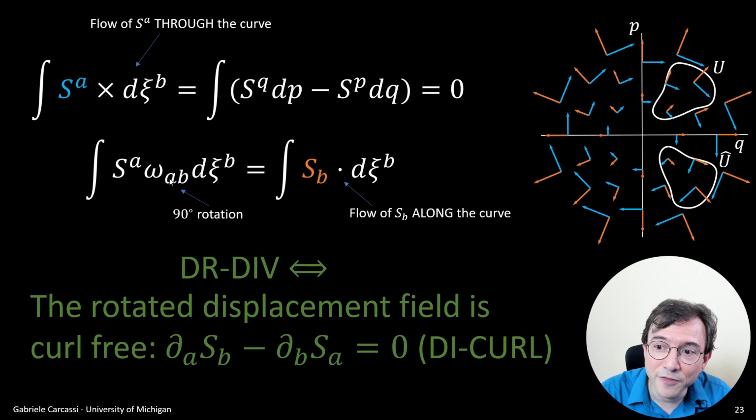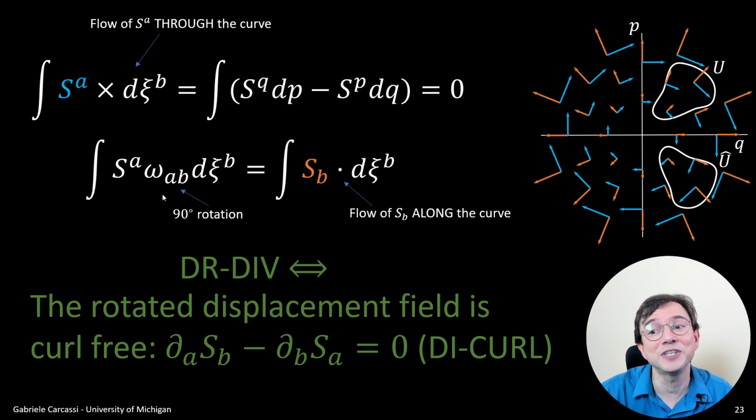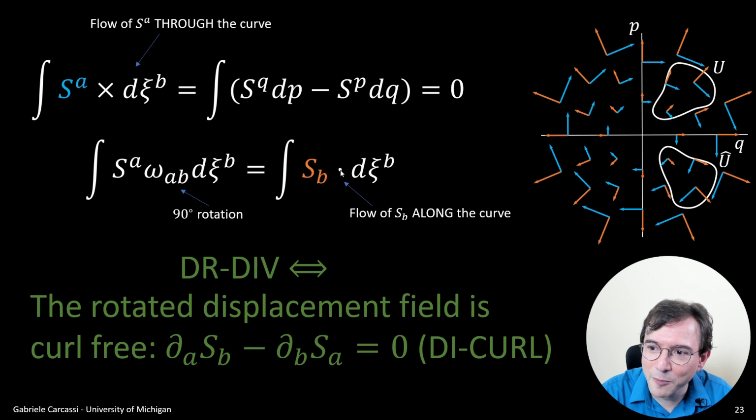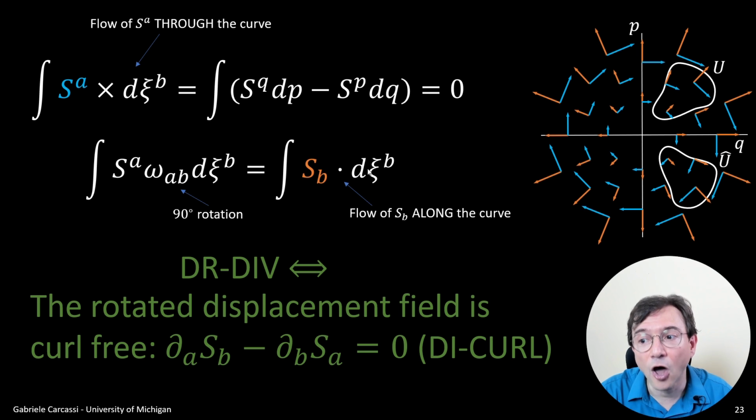But now remember that this omega here, we can also see as the 90-degree rotation. So if we apply this 90-degree rotation to S, we get the S lower b, and this is the rotated displacement field. And now we have the same expression here, but here we have a dot product. We don't have a cross product. So now this is the flow along the curve.